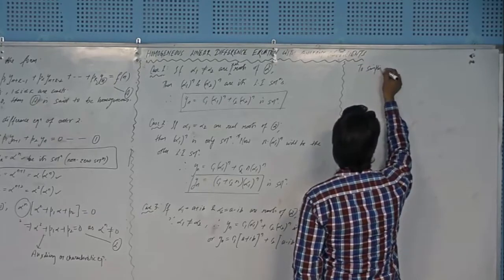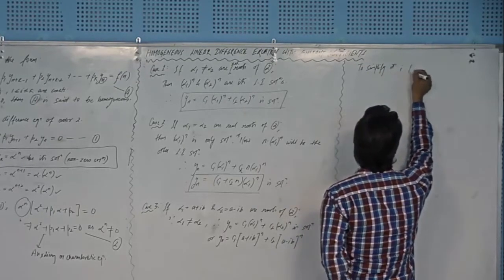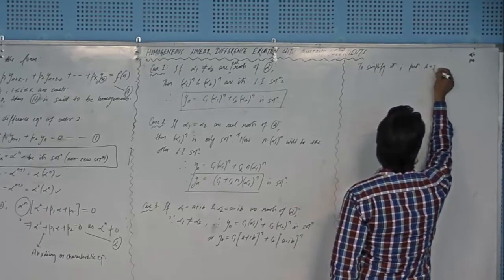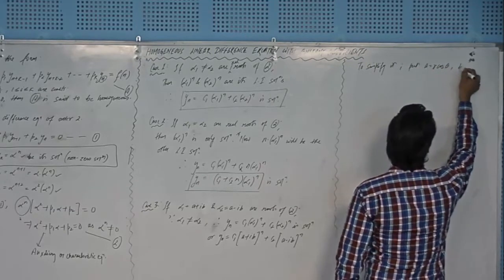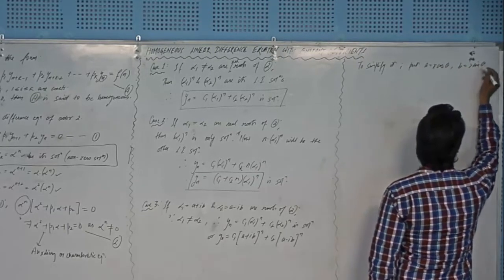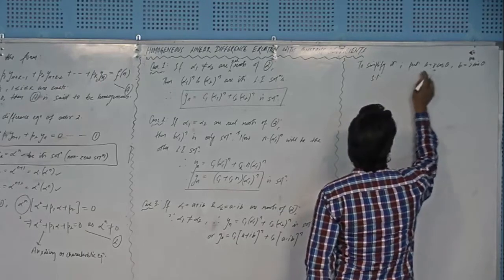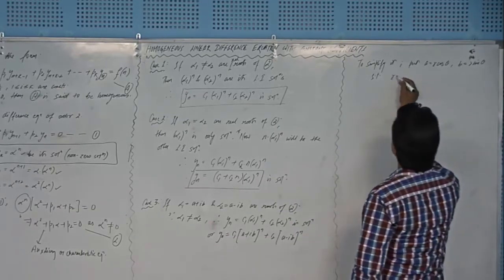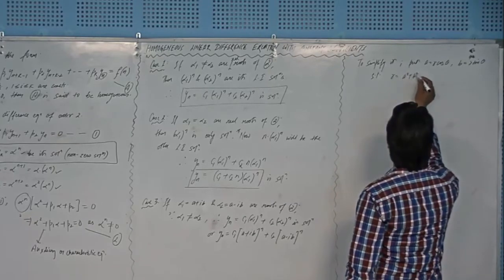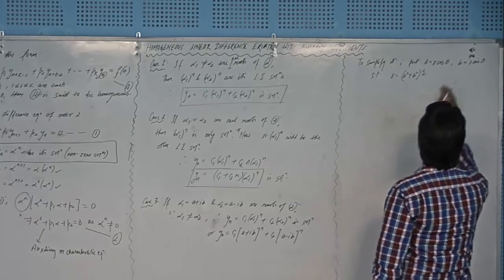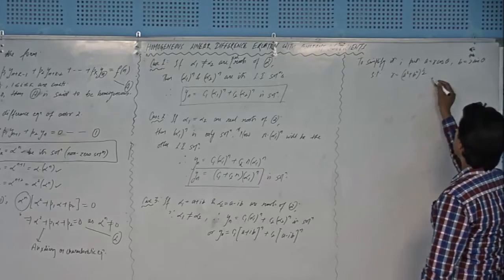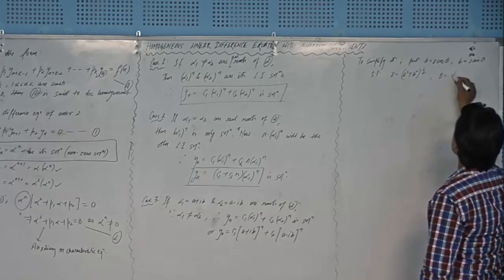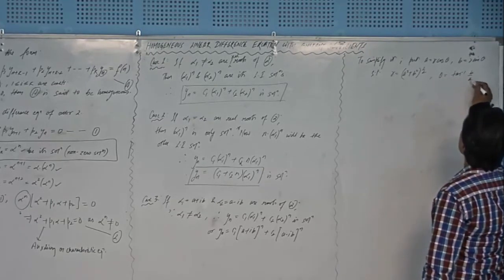To simplify it, you just put a equal to r cos theta and b equal to r sin theta, such that if you square and add these two, you will get r is equal to (a square plus b square) whole to the power half. And if you divide these two, you will get theta equal to tan inverse b by a.